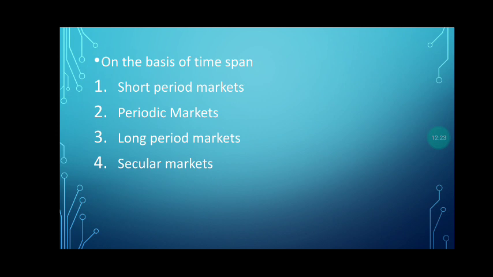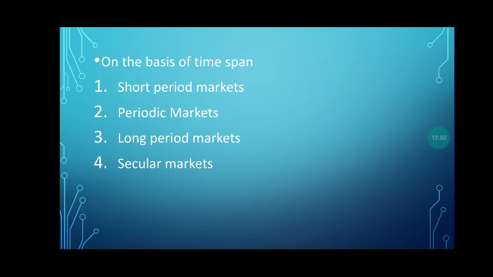It may be held weekly, fortnightly, or monthly according to local traditions. The goods in the periodic markets are also of perishable nature, but less perishable as compared to the short period markets.